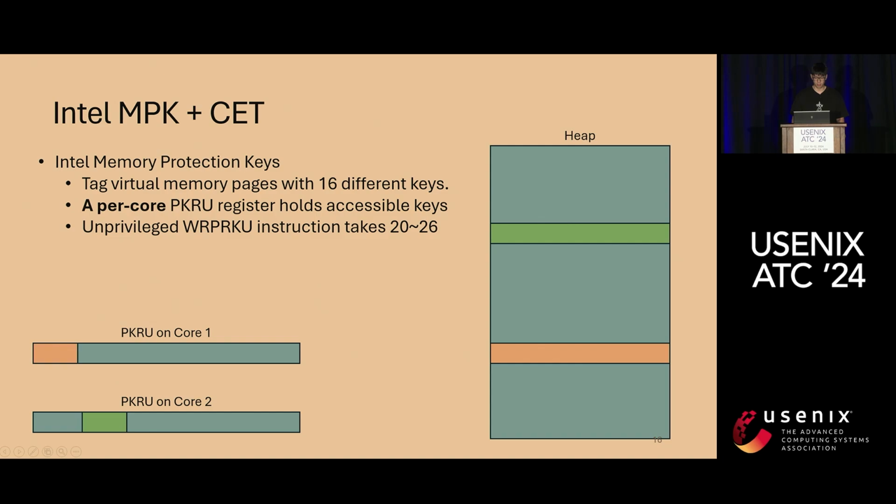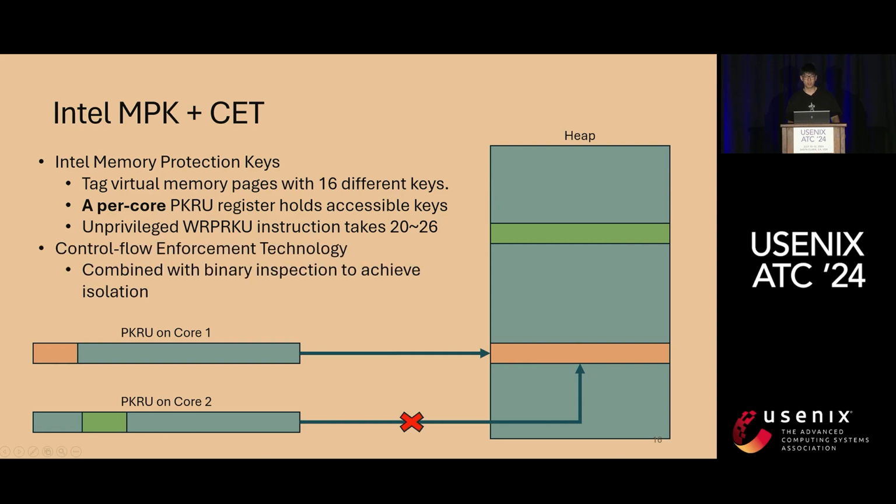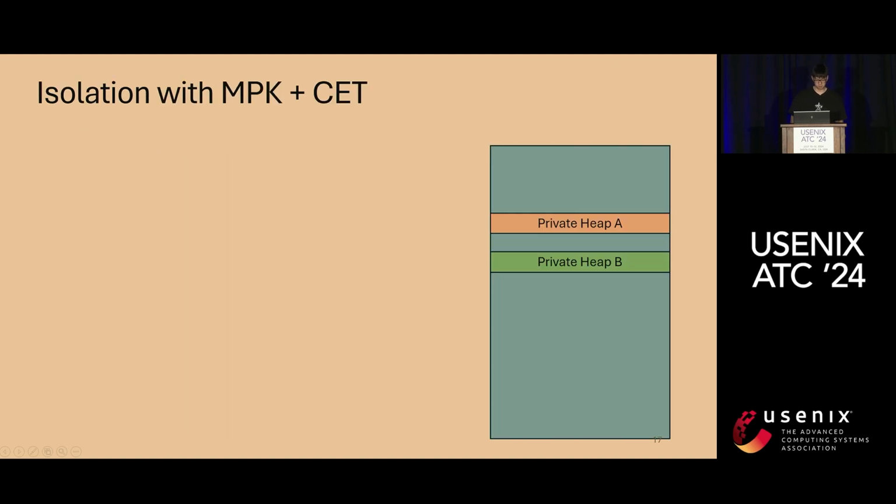Intel memory protection keys allow users to tag virtual memory pages with one of 16 different keys. A per-core PKRU register is used to hold the accessible keys for that CPU core. Here, a fault will be triggered if a CPU is trying to access a memory region which it doesn't have the key for. We use CET and binary inspection to achieve isolation. Here's how it works.